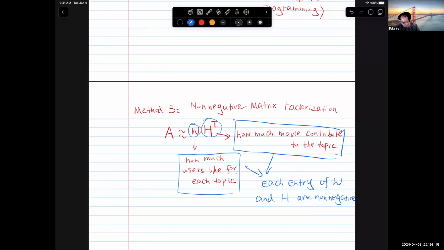But my method 1 and method 2, the low rank solutions and the nuclear norm minimization, can still produce negative entries.